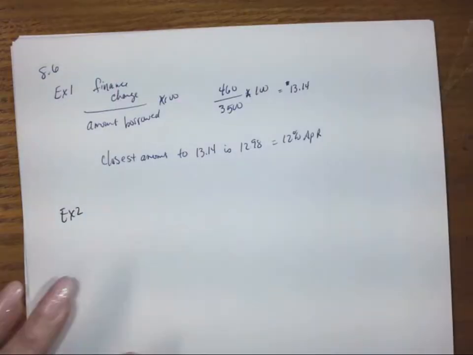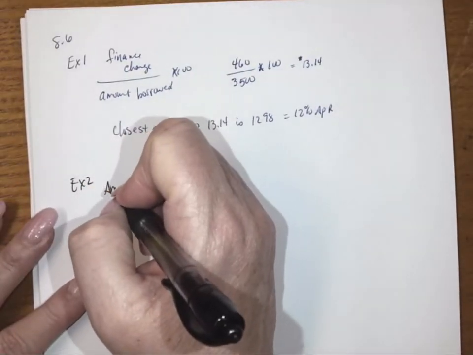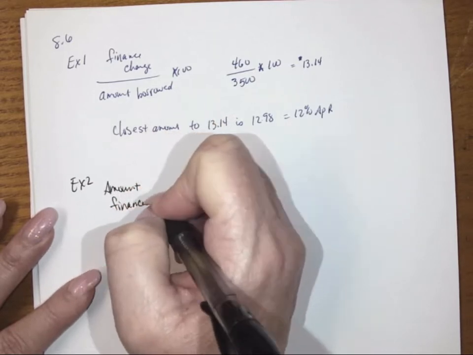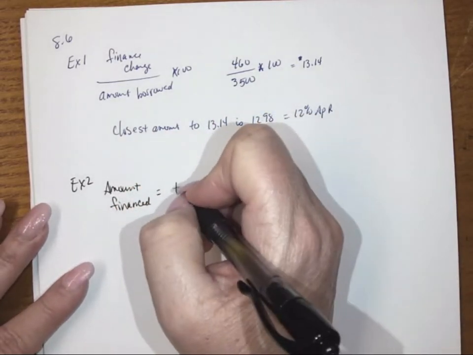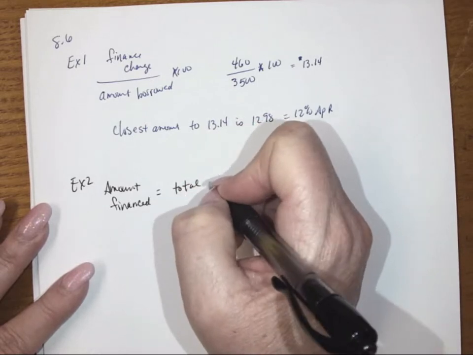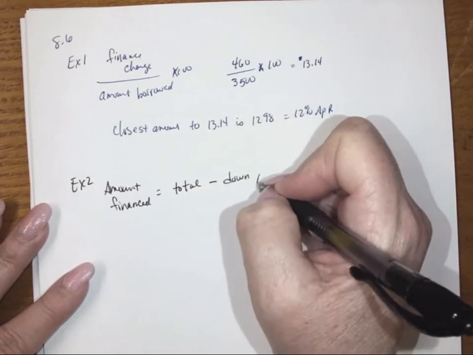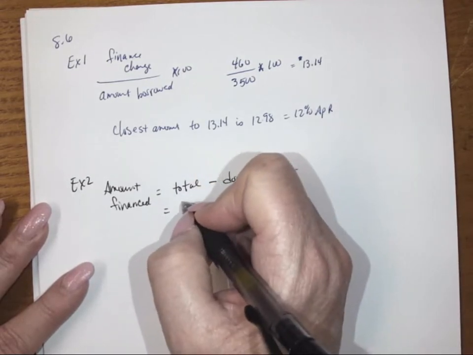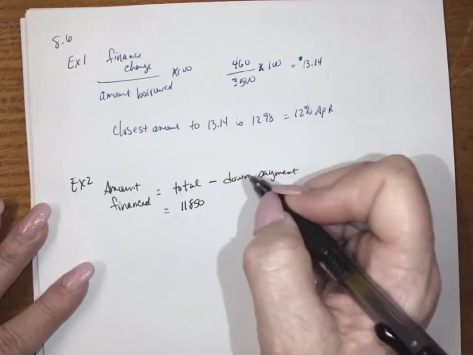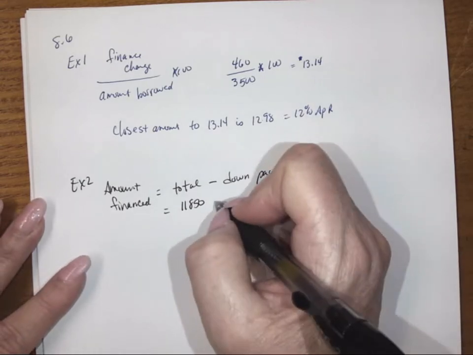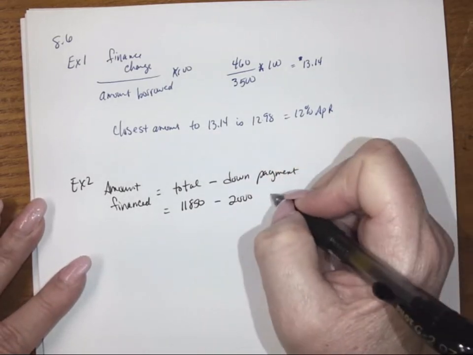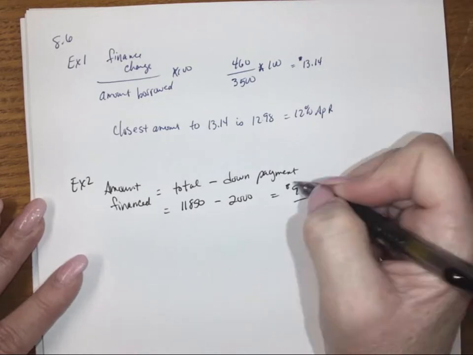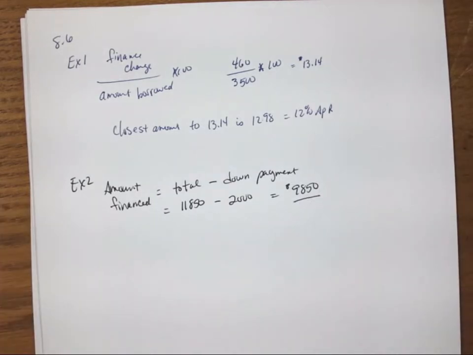So the amount financed will be equal to the total of the car minus the down payment. That's $11,850 for the car, minus a $2,000 down payment, which gets us $9,850. So that is the amount that is actually financed.